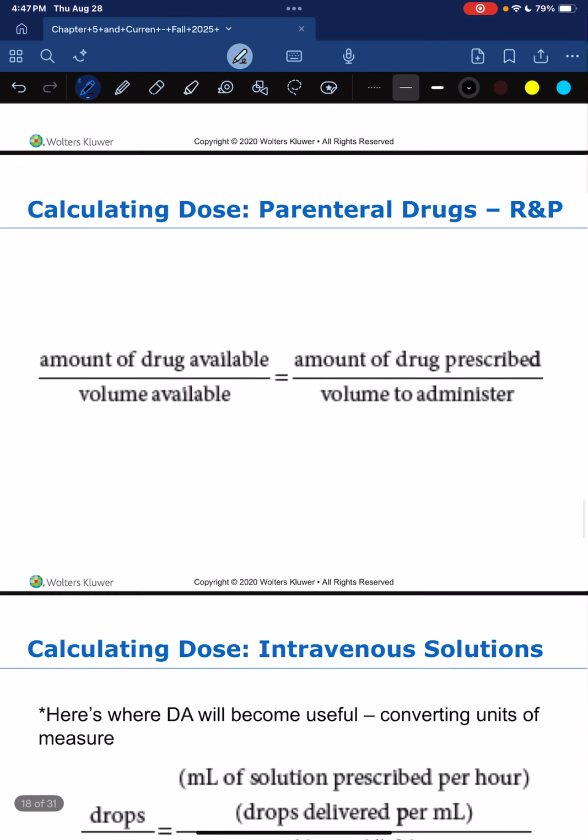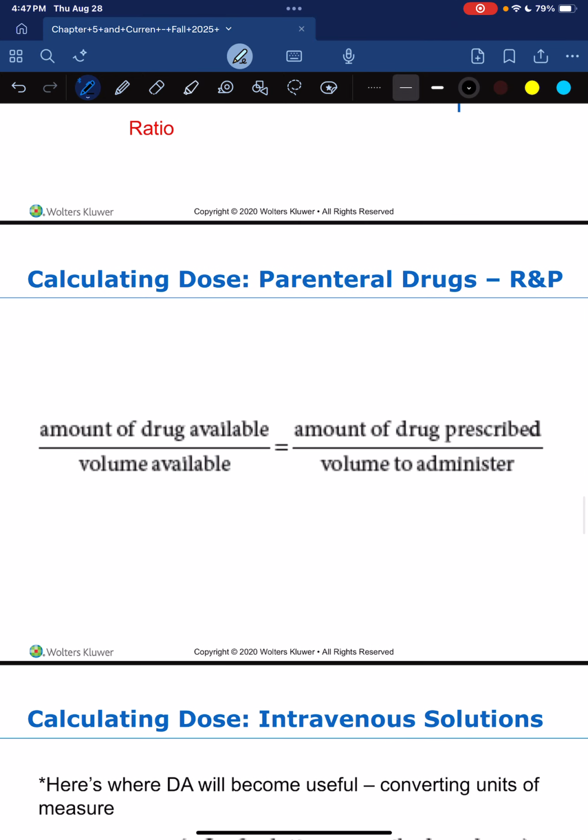Same thing with parenteral drugs. If we're giving a volume and there's a certain amount of drug per unit volume, and you've got a prescribed amount of drug, and you need to know how much volume to give, you can set it up like this.